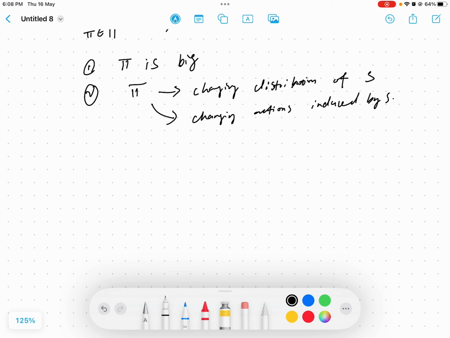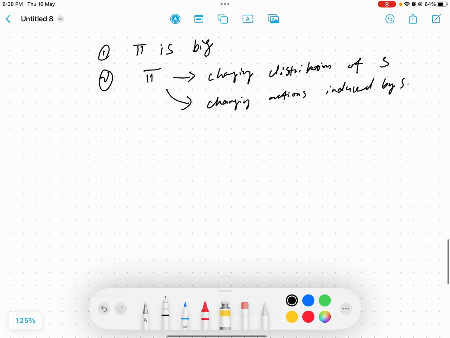So the first important note is that whichever pi the sender chooses, the expected payoff for the sender is fully determined by the receiver's posterior belief, okay.